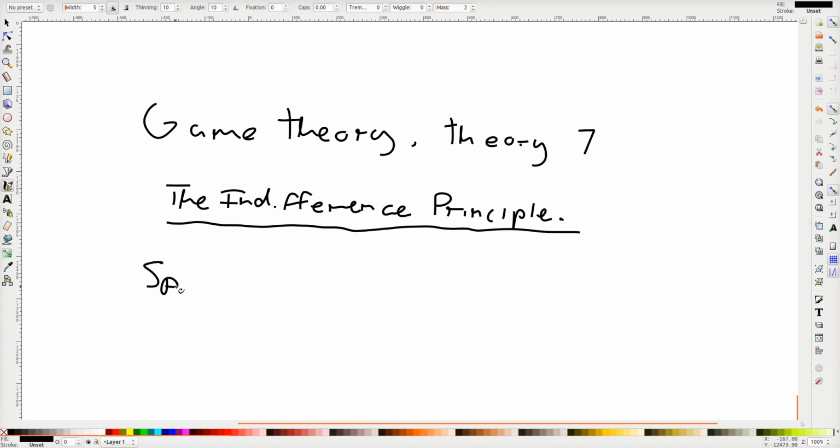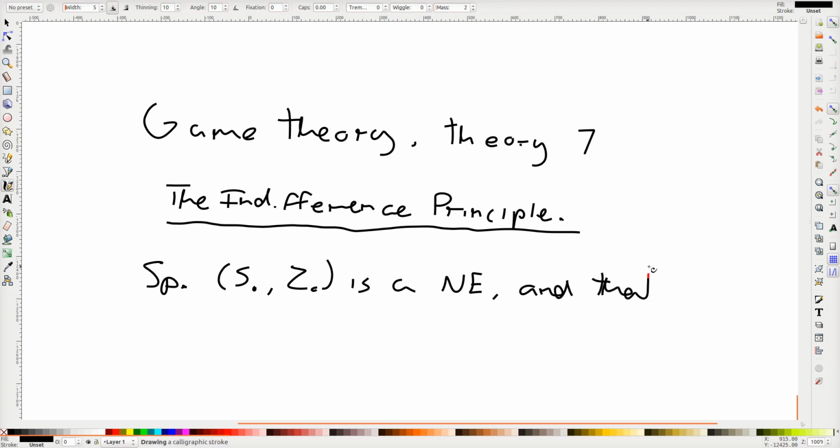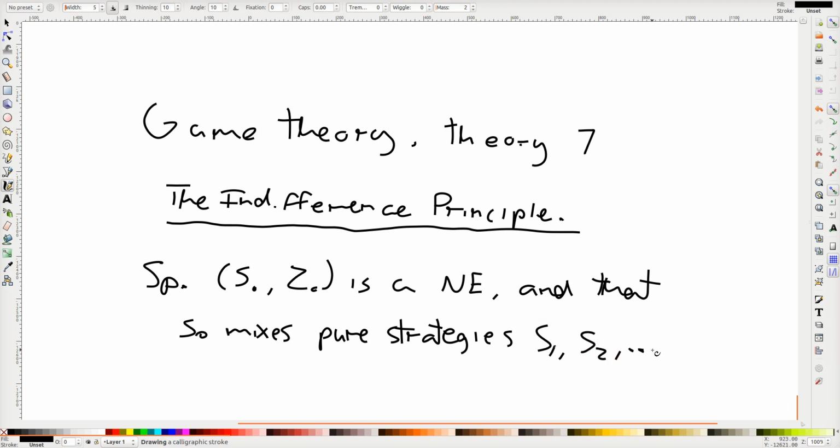So suppose that S naught, Z naught is a Nash equilibrium, and that S naught is a mixed strategy, and it mixes pure strategies S1, S2, dot, dot, dot, Sn.